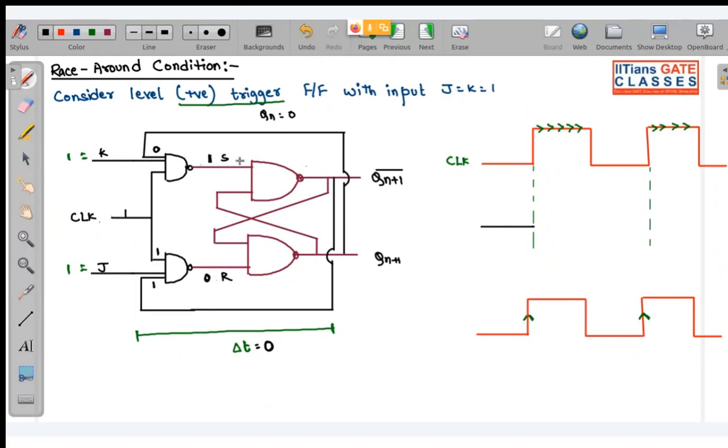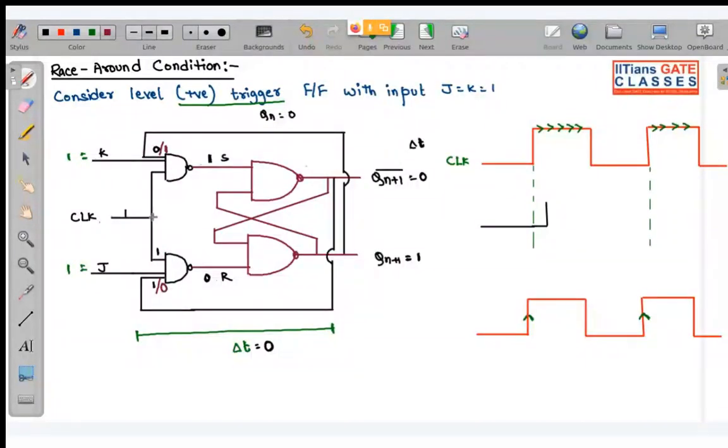You can see if the set input is 1, immediately this will become 1 and this will become 0 at del t. Now look, when this is 1, it is fed back over here, so now we have 1 over here. And if this is 1, obviously over here we will have 0.